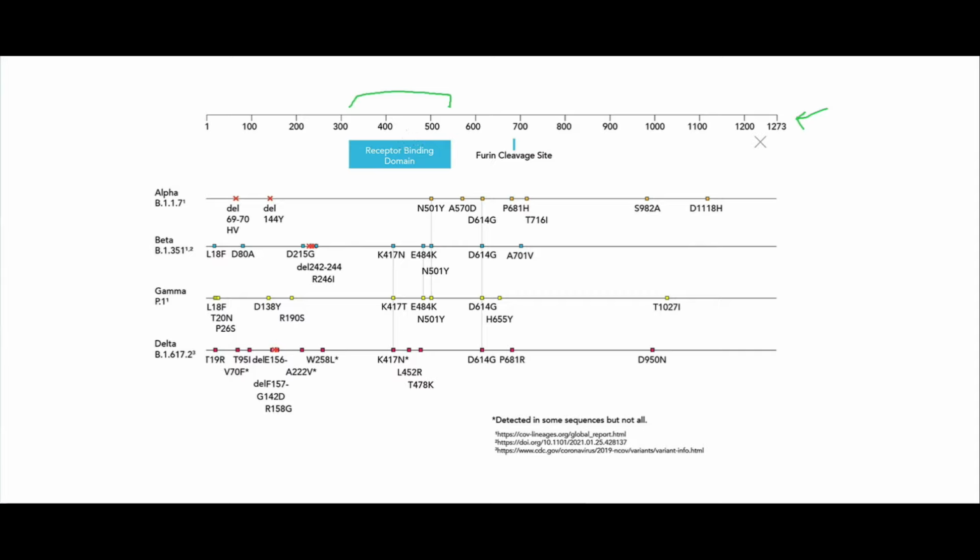That's the part of the spike protein that binds to the human ACE2. Then we have the furin cleavage site, which is the part of the protein that gets cleaved by enzymes on the surface of human cells, so that it allows entry of the virus into the human cell. Here are the mutations for the alpha, beta, gamma, and delta viruses.